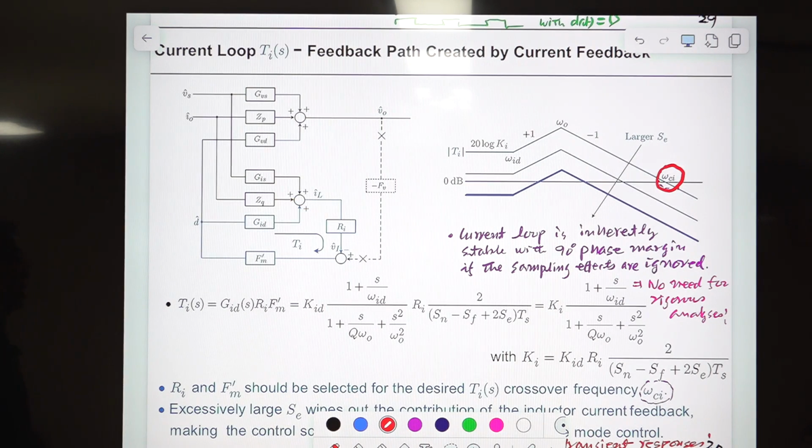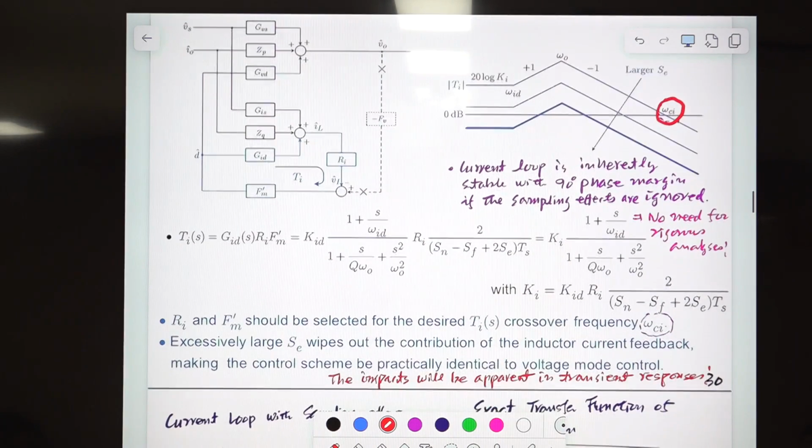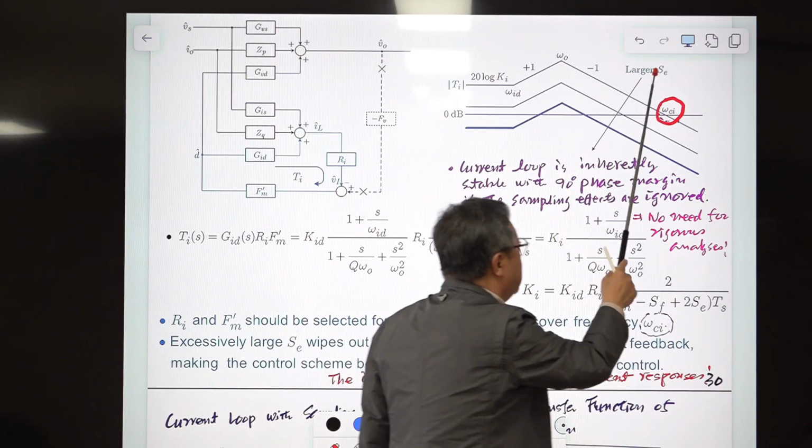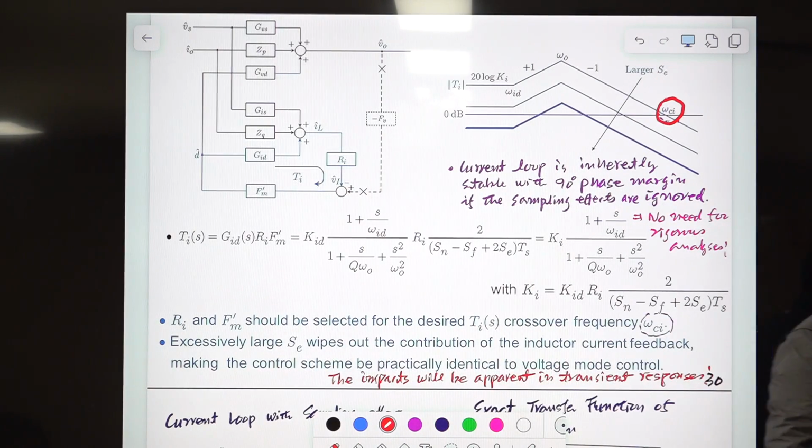Later on, you can figure this out: if you increase Se, if you increase the slope of the compensation ramp, then you are decreasing this. You increase this, then this whole thing will be decreased.